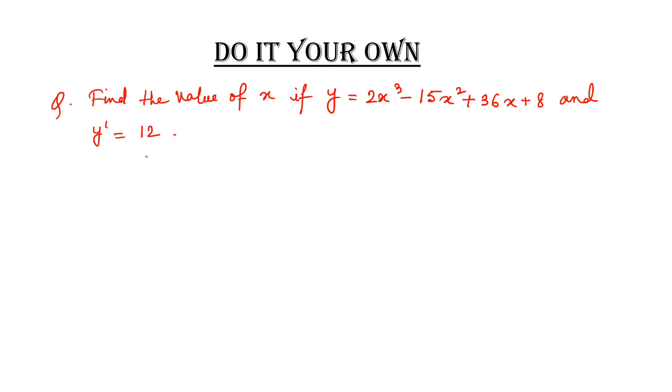Okay, you have to find the values of x, and the options are: option A, x equal 1, option B, x equal 2, option C, x equal 3, and option D is x equal 4.